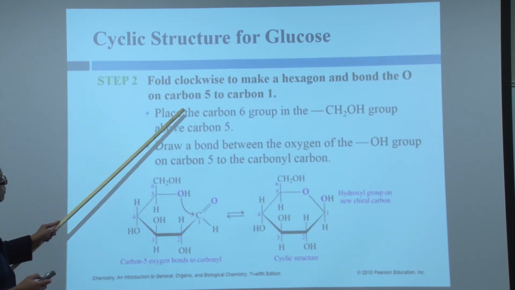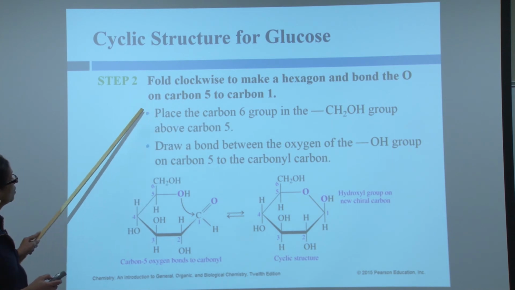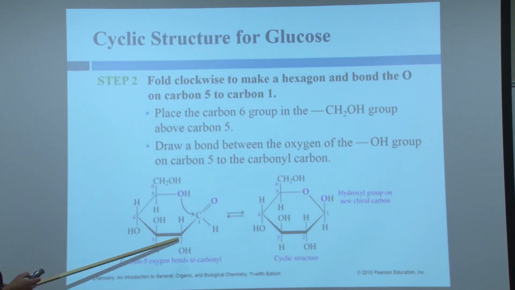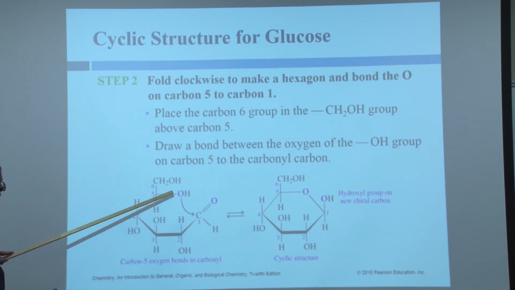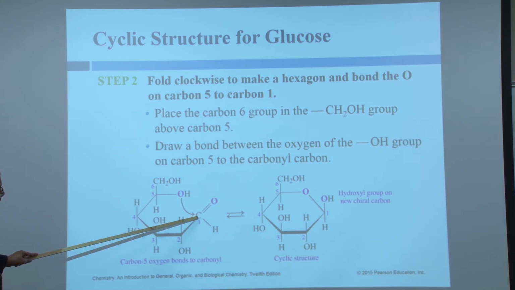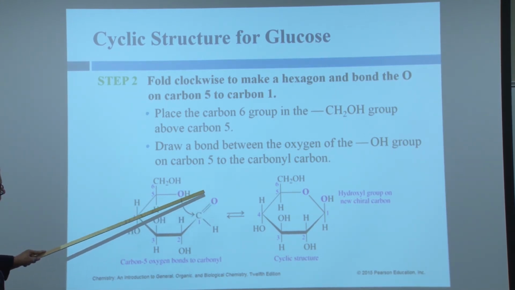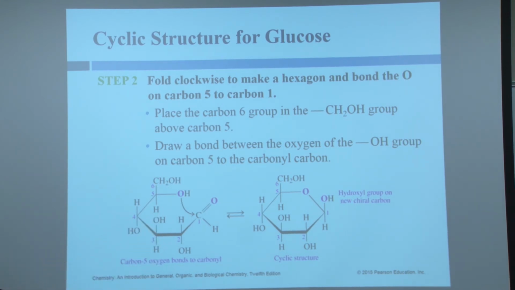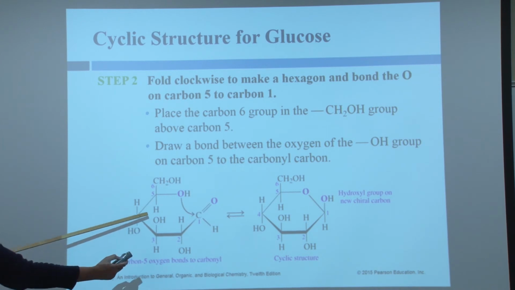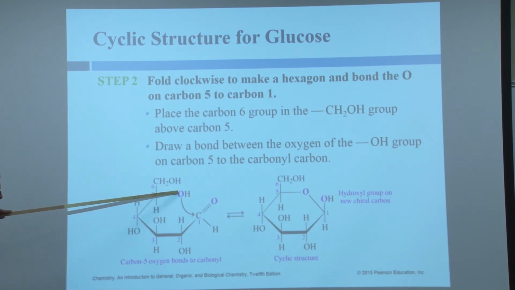Fold clockwise to make a hexagon and bond the oxygen on carbon 5 to the carbonyl. So we are turning it clockwise, and this O bonds to this carbon and the H to the oxygen. So we are taking carbon 5 and moving it into a hexagon and bringing it to this end.